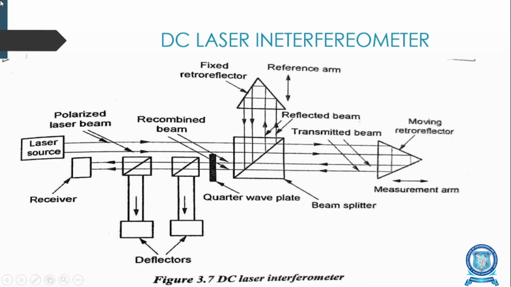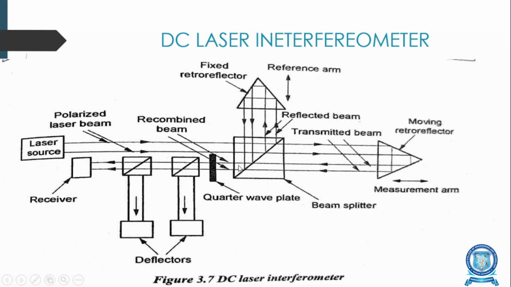In this DC laser interferometer, the main parts are a laser light source, which produces the polarized beam, a fixed retroreflector and a moving retroreflector, and a reference arm.